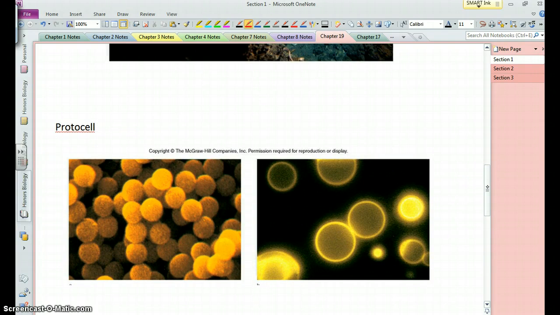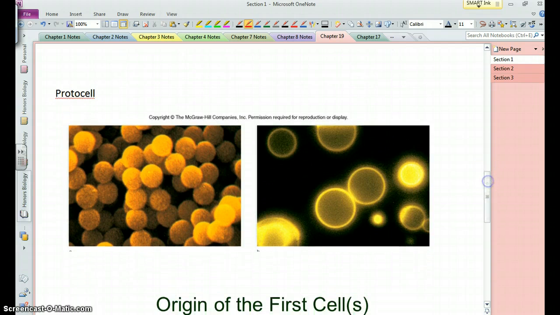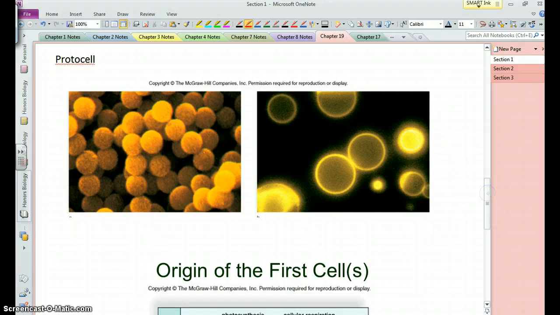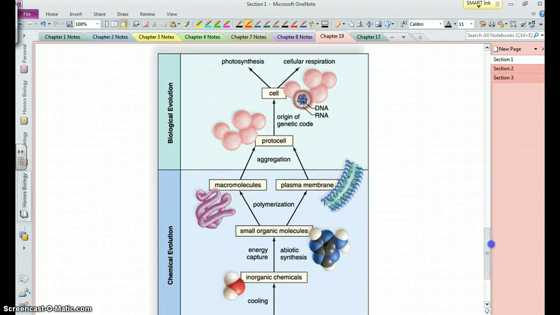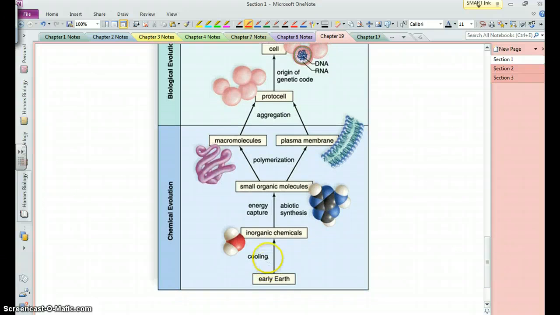So when you start building these simple building blocks of life, they can begin to assemble into cell-like structures, or a protocell. And so this is sort of the way it's thought to maybe have happened. Again, you had an early inorganic world to a large extent. You had the abiotic synthesis, the synthesis of small organic molecules under non-living conditions.